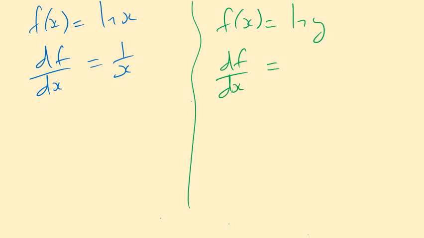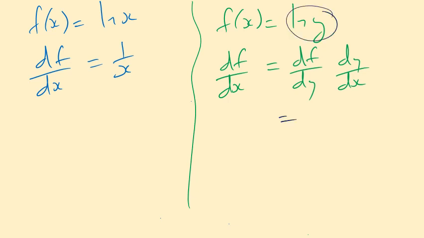Well, df dx is df dy times dy dx. Makes sense, right? What is df dy? Derivative of ln y with respect to y is 1 over y. dy dx is y prime. So beautifully, it's y prime over y. Done. Beautiful. Simple.